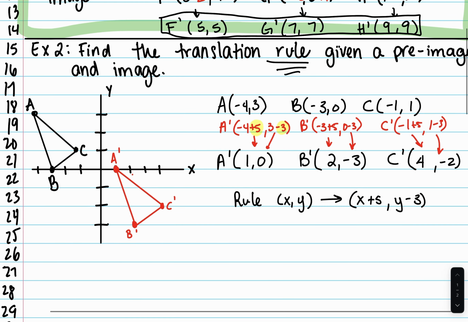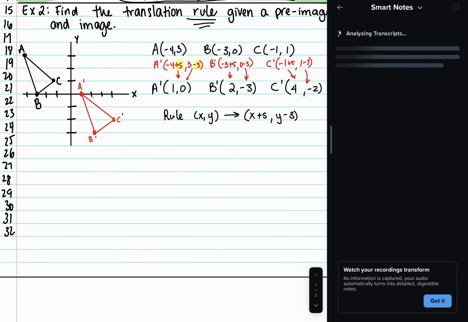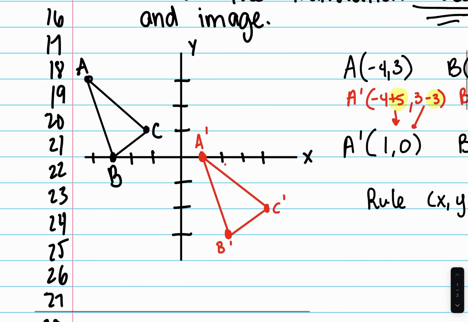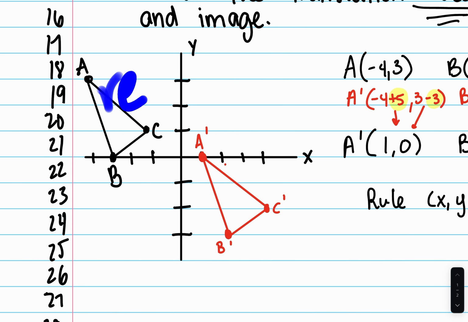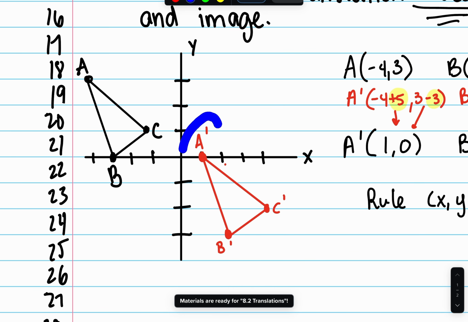Now there's an easier way to do this, of course, which is to just trace your letters. So let's start with B. I know this is my preimage, and this is my image because of the primes. Okay, that means I'm going to start with the preimage.